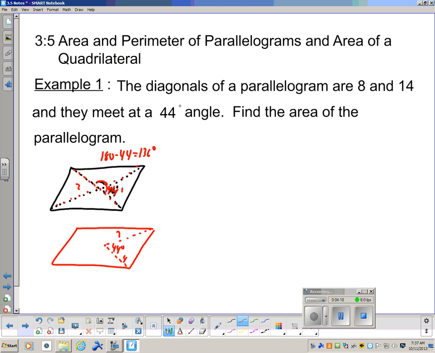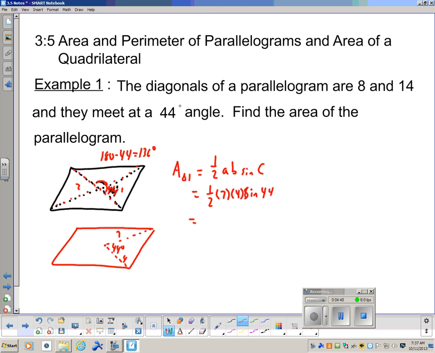So let's find the area of that triangle. And again, we can use that. We've got side angle side here given, so we can use 1/2 AB sine C. So 1/2 times 7 times 4 times the sine of 44. Just make sure your mode there as you're doing this is in degrees.